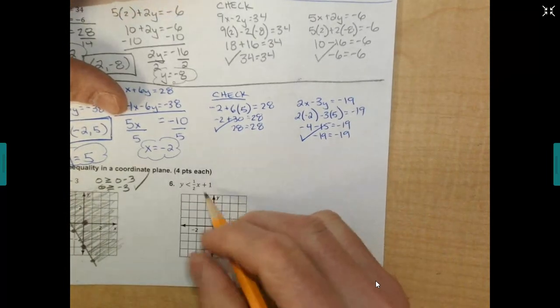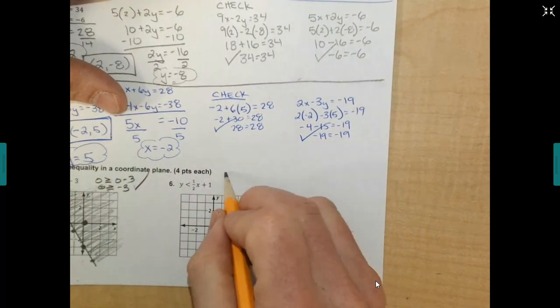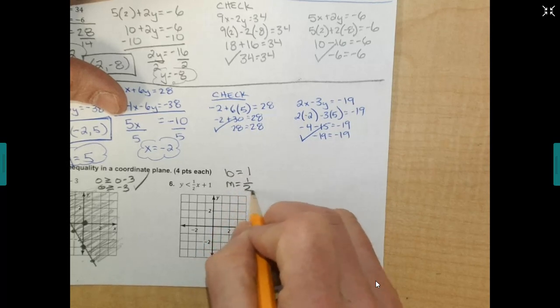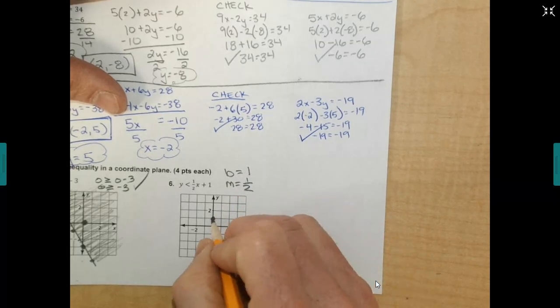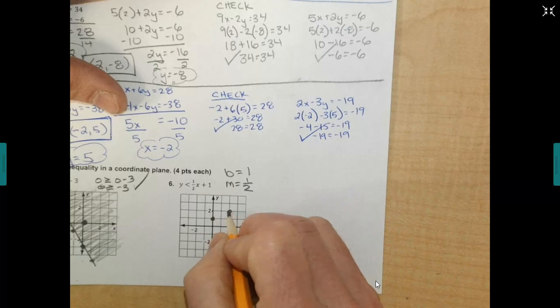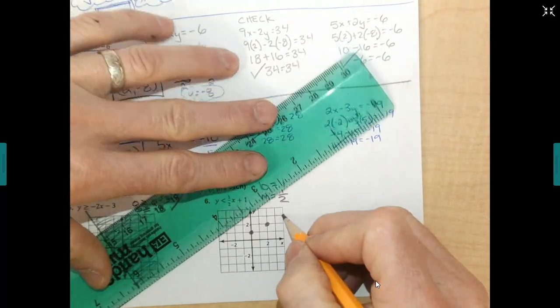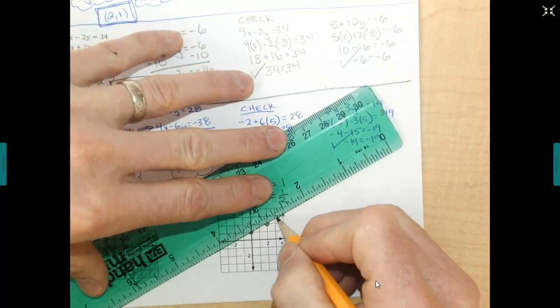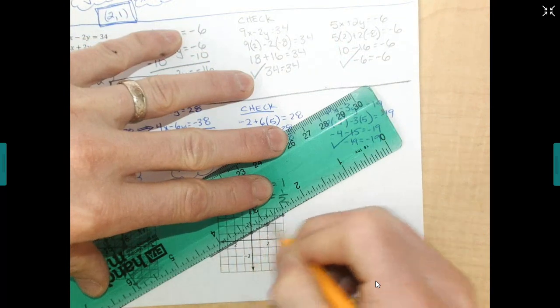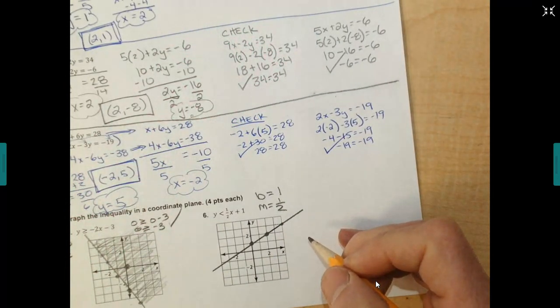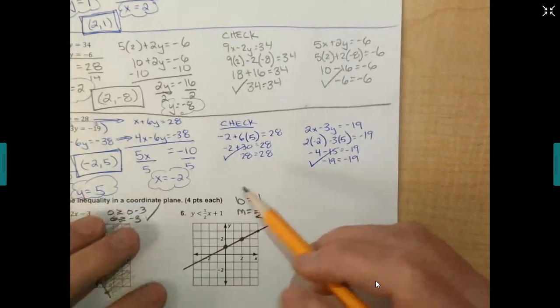All right. So I have for this one, my y-intercept is 1, and my slope is 1/2. Get my line on here. And now, let's see, less than.